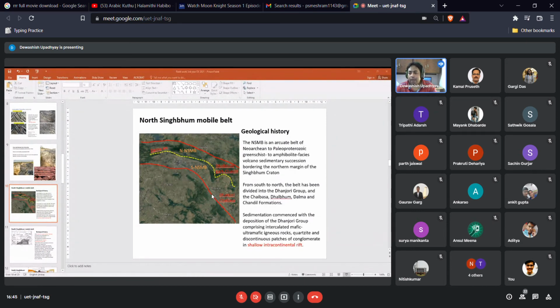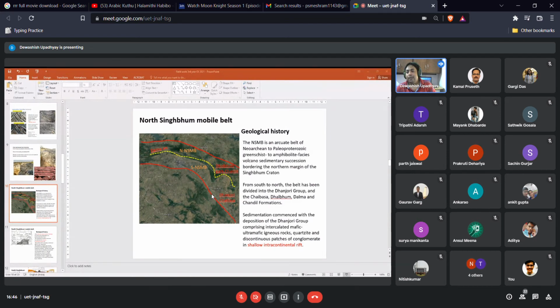Now, from south to north, the North Singhbhum Mobile Belt has been divided into four major groups of rocks. The southernmost group is called the Dhanjori group, and then we have the Chaibasa group. Both the Dhanjori and the Chaibasa groups constitute the southern part of the NSMB.